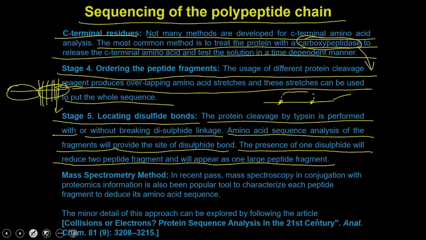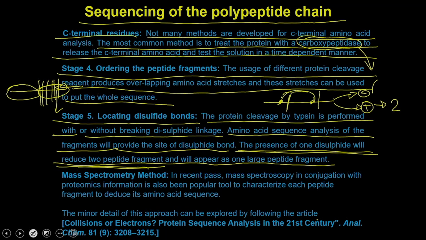What you can do is perform this analysis in the absence and the presence of trypsin. If disulfide linkages are not present, then in the presence of trypsin you will get two fragments, because it is cleaved like this. But if disulfide linkages are present, then the two peptide fragments are joined by the disulfide linkage.